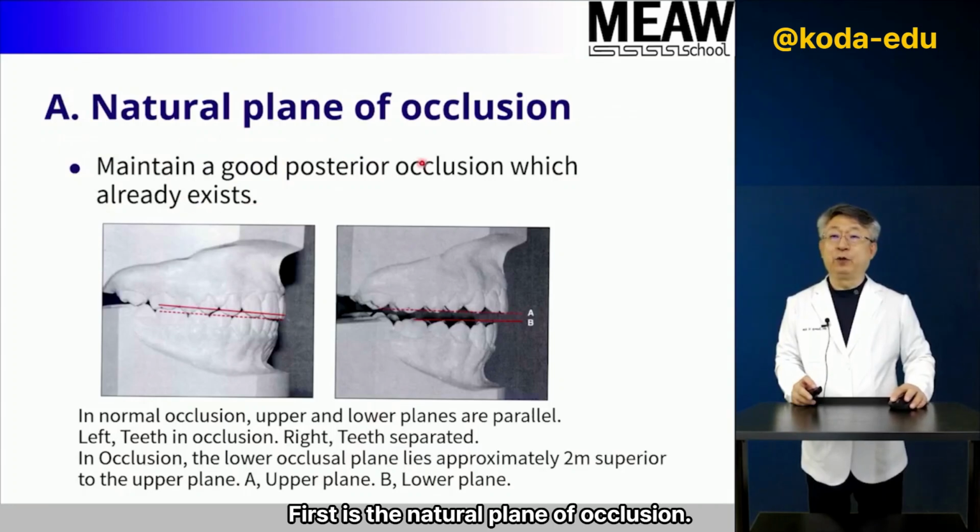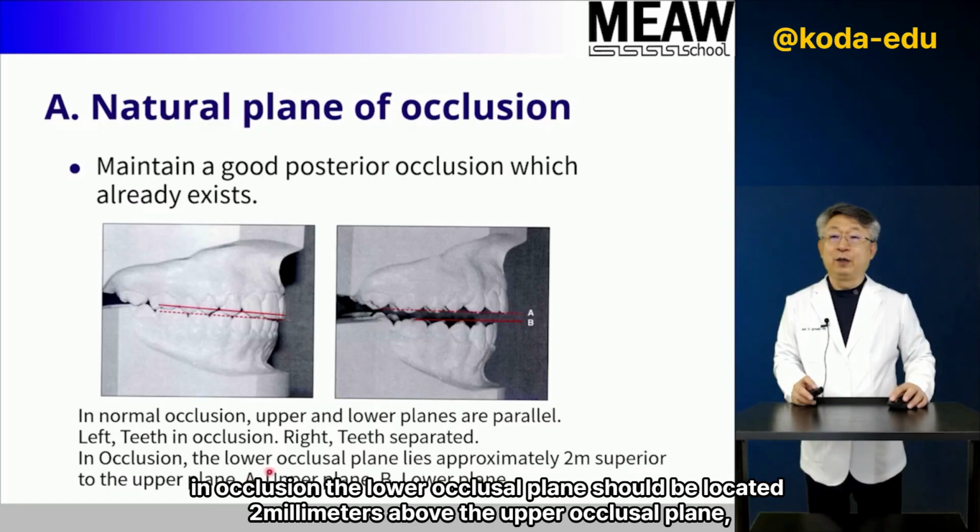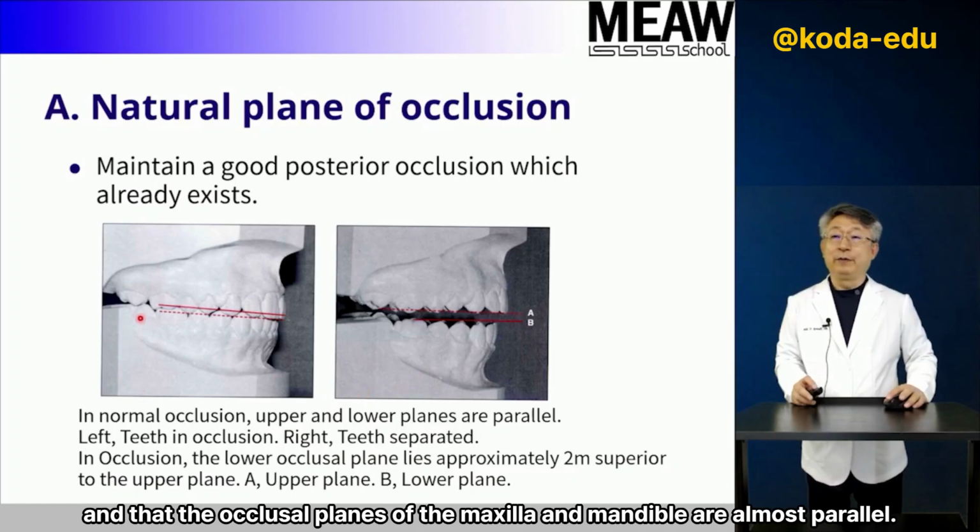First is the natural plane of occlusion. In general, it was said that in occlusion the lower occlusal plane should be located 2 mm above the upper occlusal plane, and that the occlusal planes of the maxilla and mandible are almost parallel.